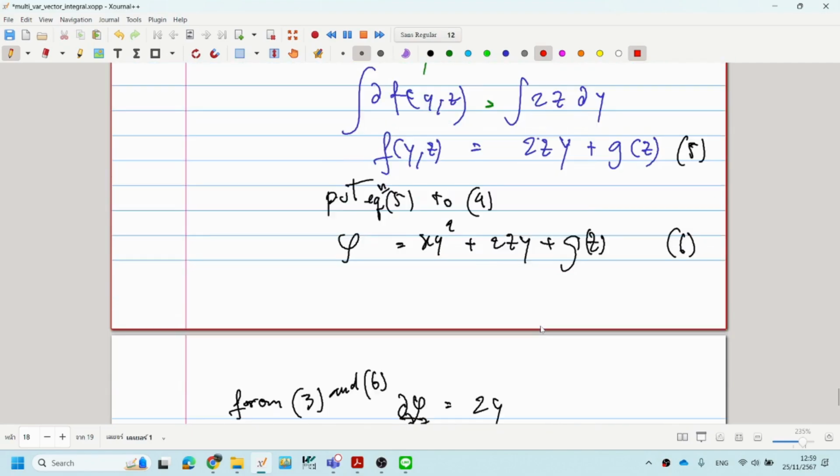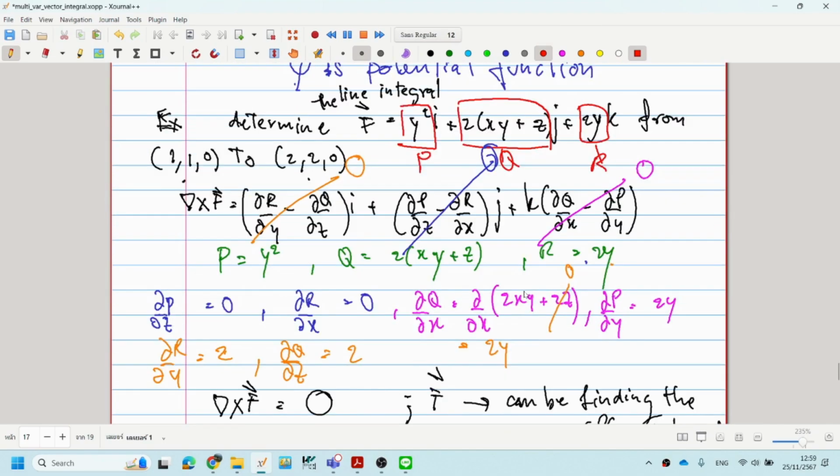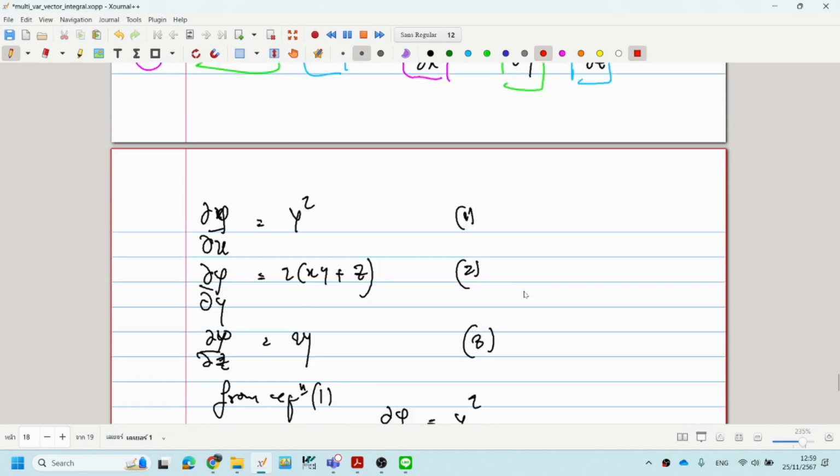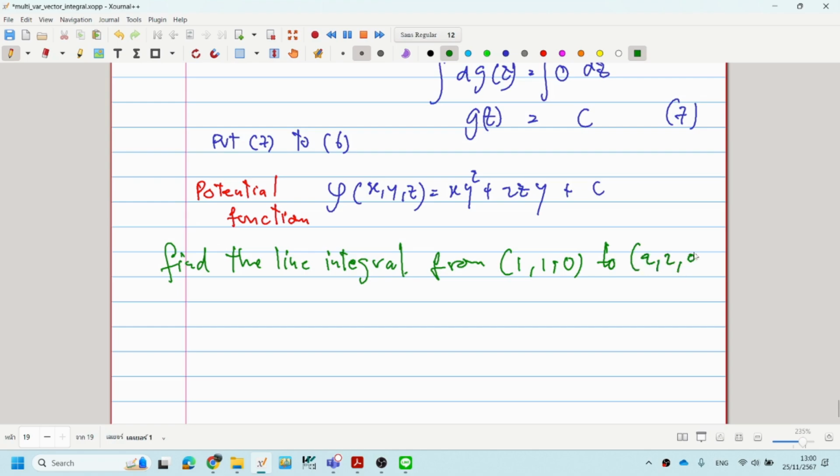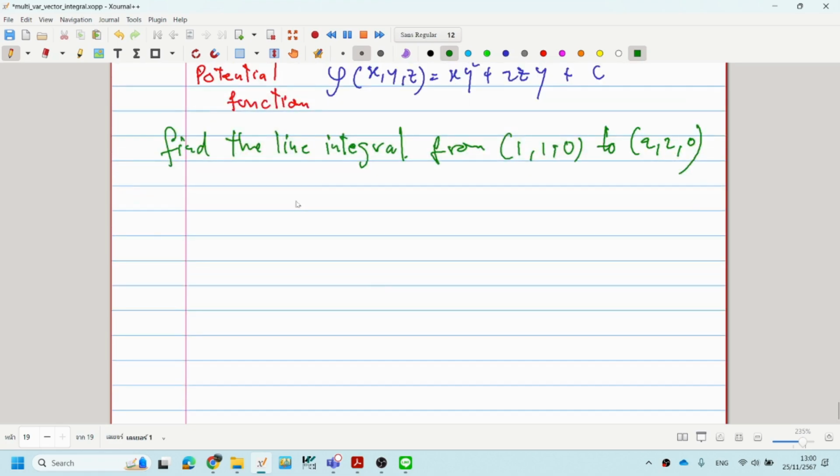So you just use the coordinates 1, 1, 0 to 2, 2, 0, the line integral from point 1, 1, 0 to 2, 2, 0, right?